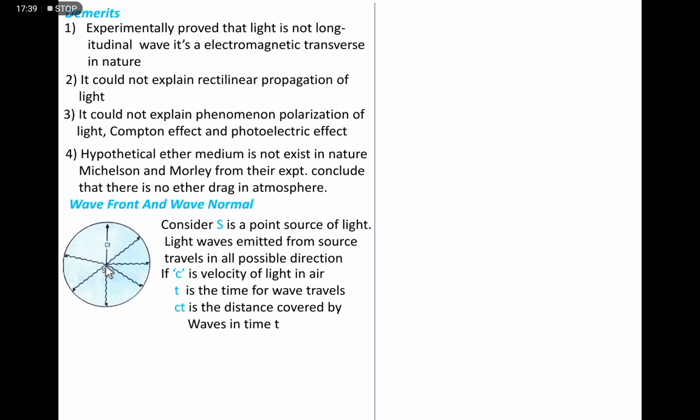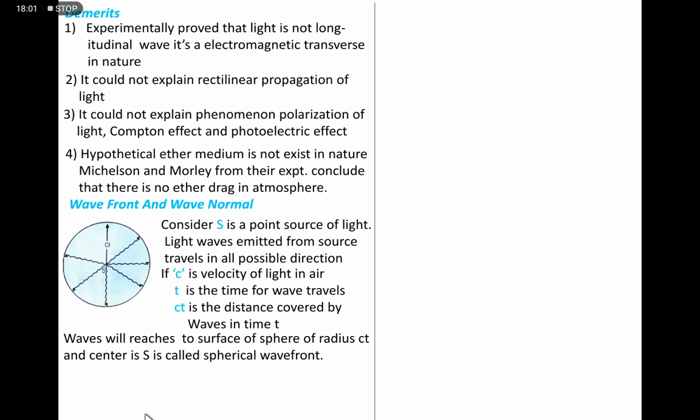Then ct, that is velocity into time, gives us the distance. If ct is the distance, and the source of light is the center, and if we trace a sphere, it gives us the spherical wavefront.